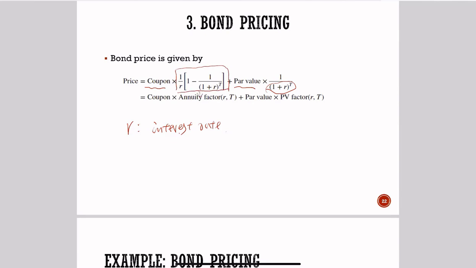And then this part is called the present value factor. It's not super important, I mean, it's just a name, but the textbook likes to use annuity factor and present value factor. So it could be useful if you could remember these. The first part is called the annuity factor, and the second part is called the PV factor.